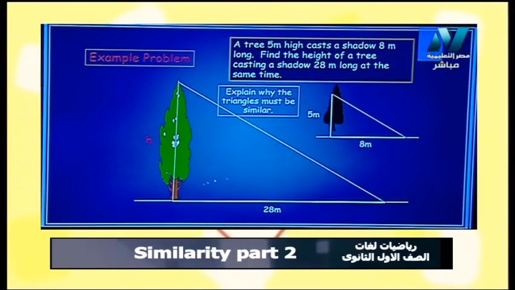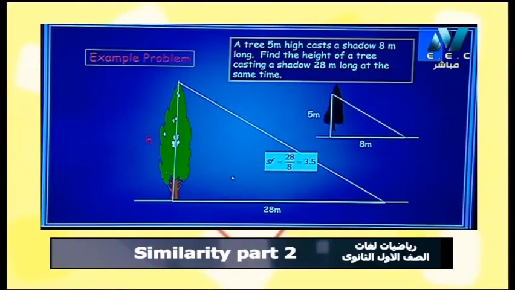So the heights are proportional. SF means scale factor. The scale factor here equals 28 over 8, which equals 3.5. So height equals scale factor multiplied by 5. The answer will be 17.5 meters. So the height of this big tree is 17.5 meters.